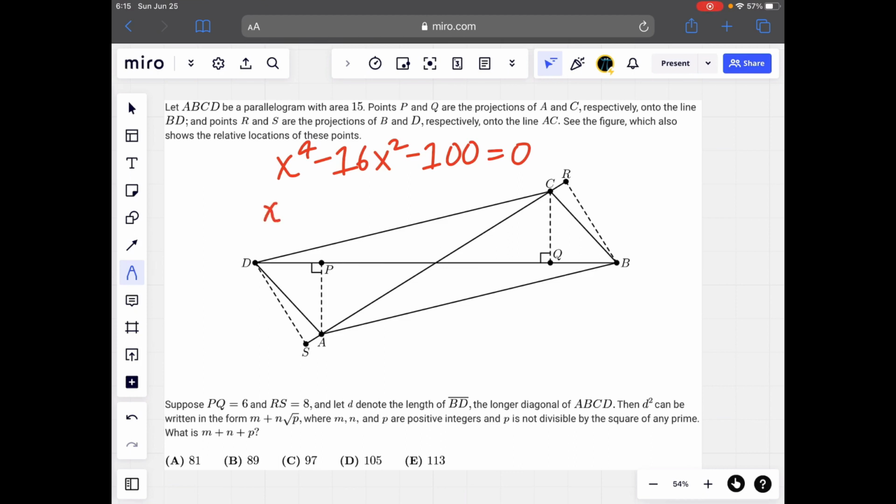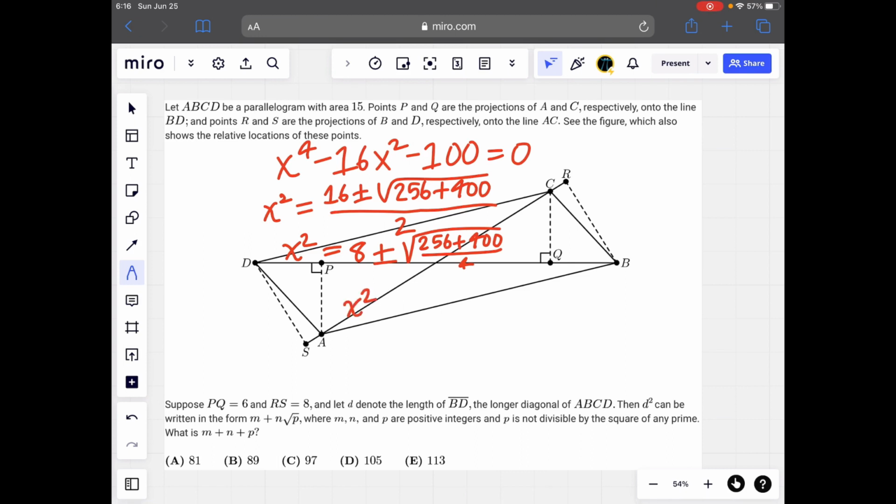We have x squared is equal to 16 plus or minus the square root of 16 squared, 256, plus 4 times 100, 400, all over 2. So we have x squared equals 8 plus or minus the square root of 256 plus 400 over 4. 656 over 4 is 164.